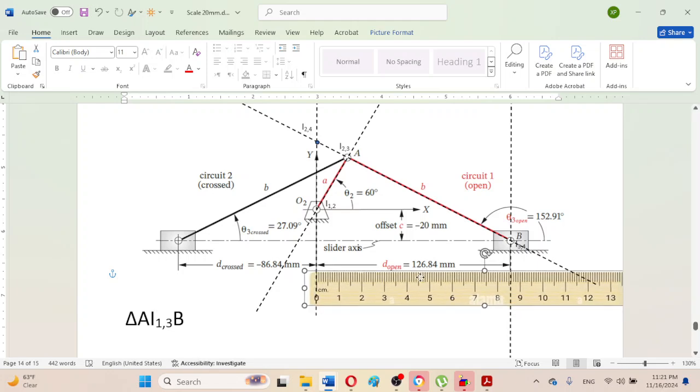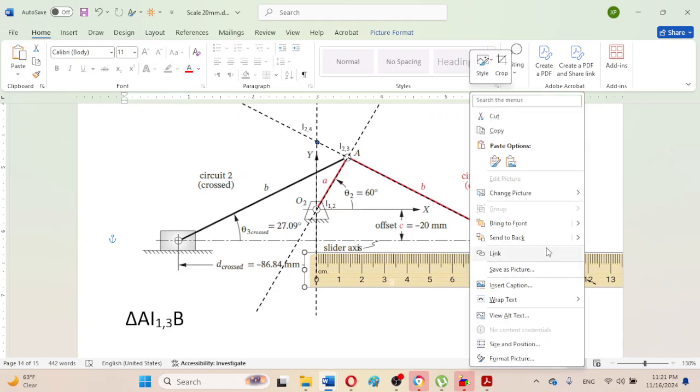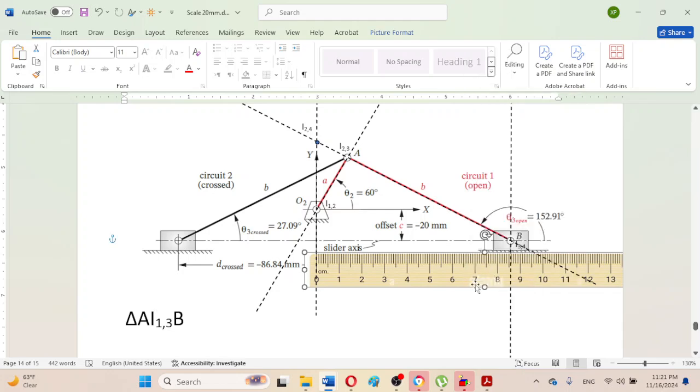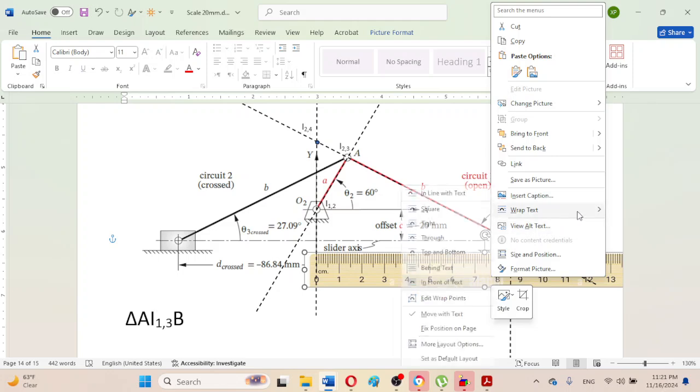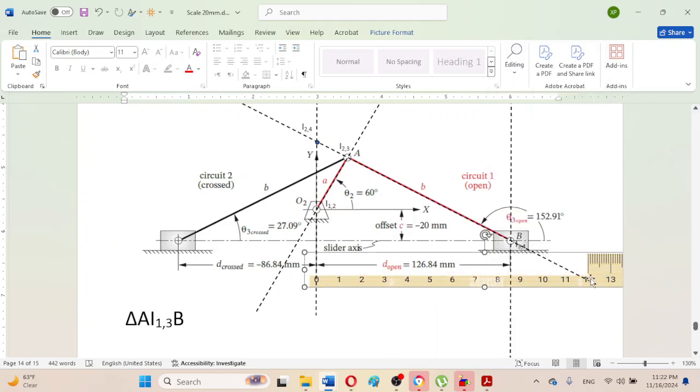I can observe here this distance of 126.84, or I can send it to back, or wrap text behind text like this.